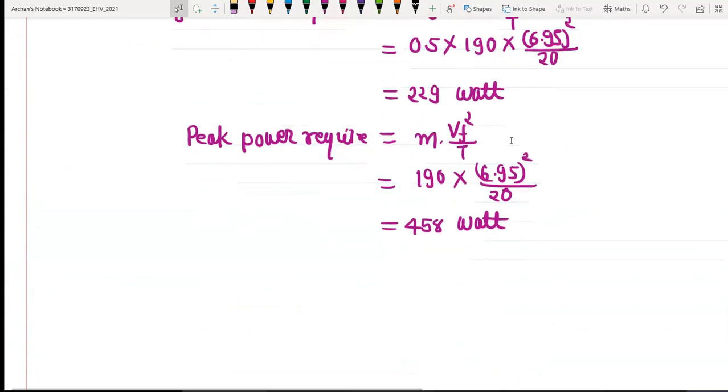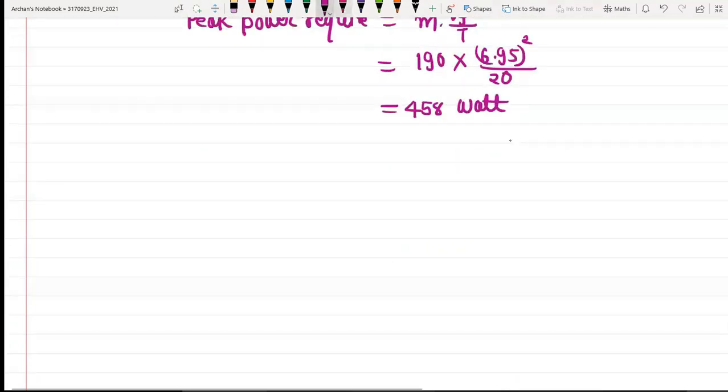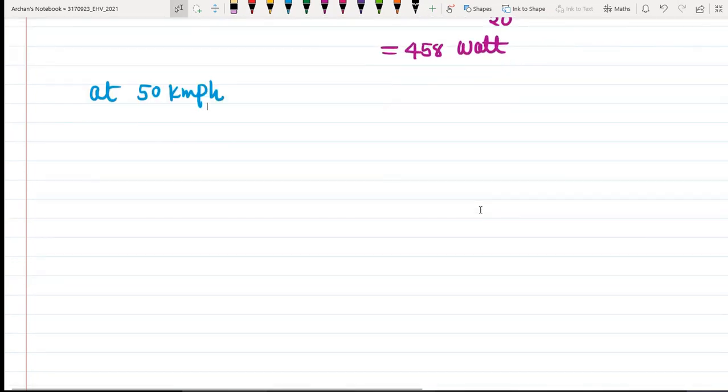Okay, now let us consider a second speed, say 50 km per hour. So now I have to reach 50 km per hour in 20 seconds. That means I have doubled my maximum speed. So the force required now will be equal to 119 into 50 km per hour, which when converted into meter per second is 13.89 divided by 2.